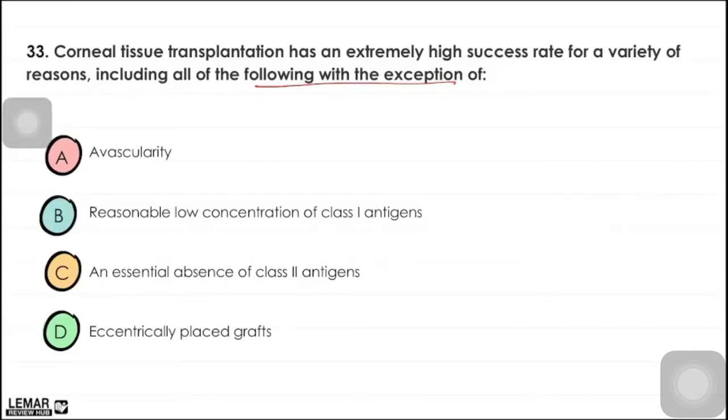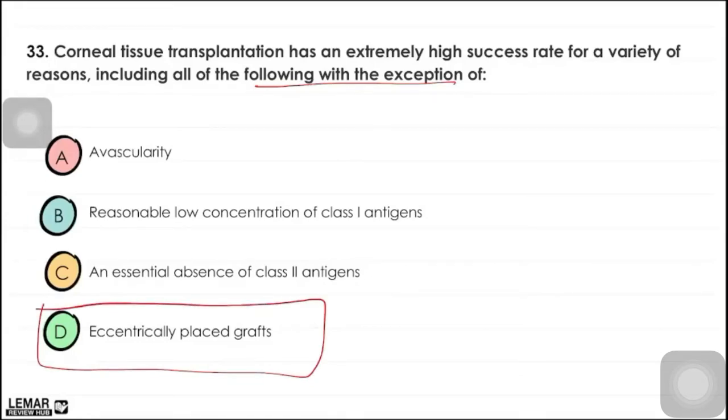It has a low concentration of class 1 antigen, and the essential absence of class 2 antigens contributes to a high success rate when corneal tissue is transplanted. Exception po yung D. Why? Bakit eccentrically placed grafts is an exemption? Eccentrically placed grafts of the cornea are subject to a high rate of immunologic failure because of vascularity, which allows contact with lymphocytes that can facilitate rejection.